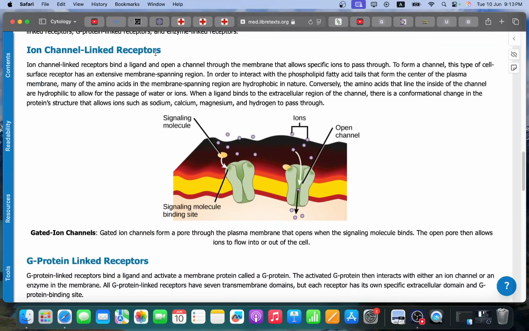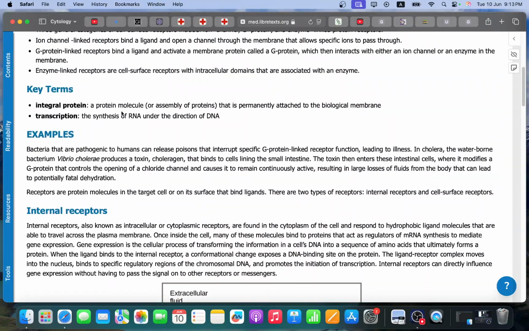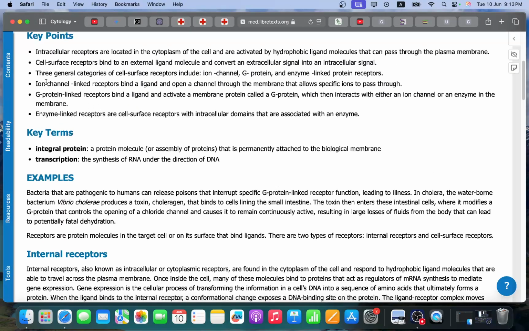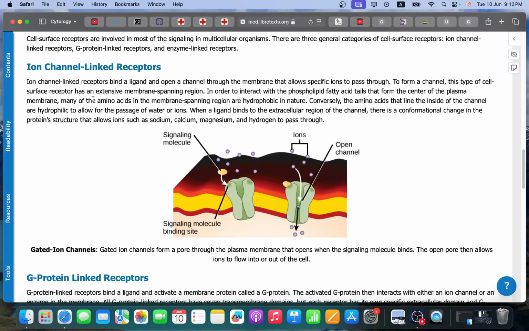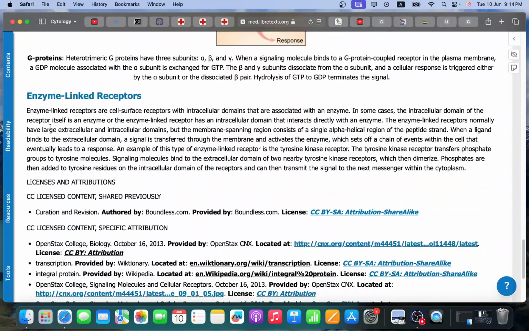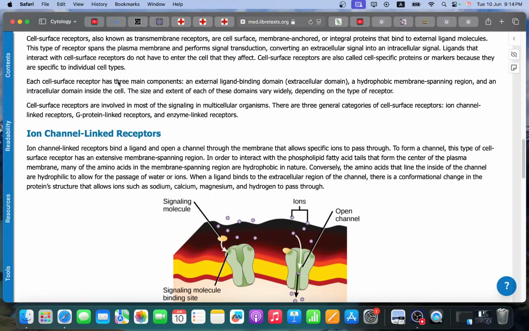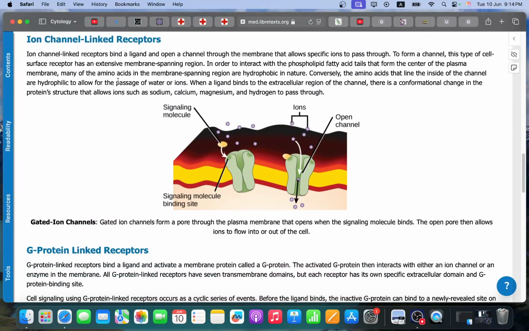Ion channel linked receptors. What are the three categories? Ion channel, okay, protein enzyme linked receptors. Internal receptors, cell surface receptors, ion channel, G protein, enzyme linked receptors. Okay, so again, they are not making it easy for us, are they?